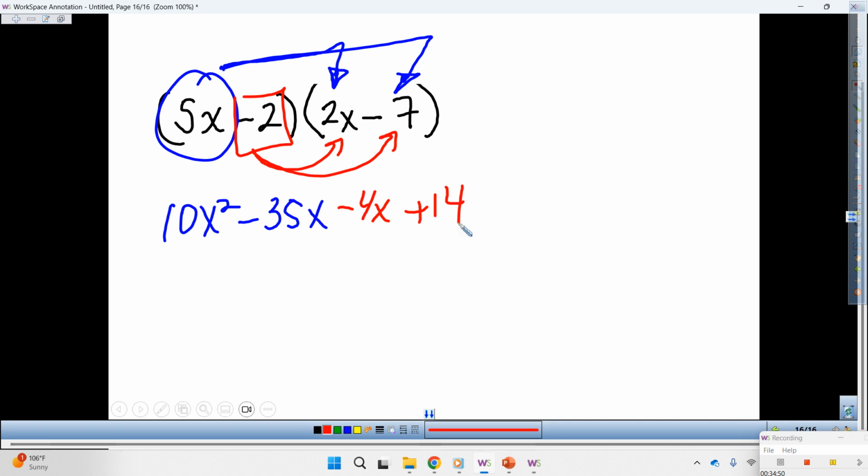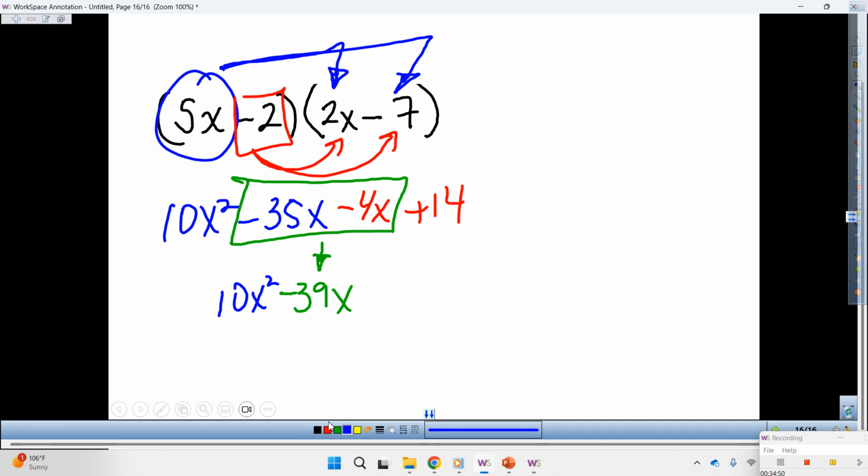And we got it right there. Okay. And then? And that gives you? And you just bring down the 10x squared and positive 14. And if you got that, that is correct.